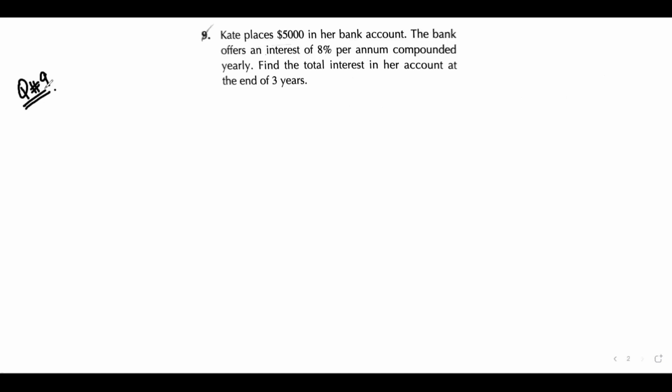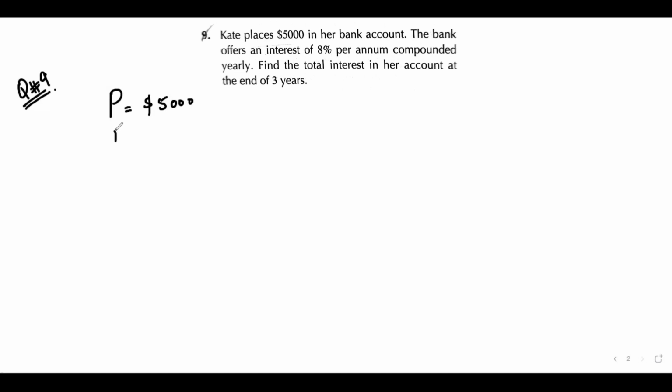Kate places $5,000 in her bank account. So what will be the principal over here? The principal amount is $5,000. The bank offers an interest of 8% per annum compounded yearly.